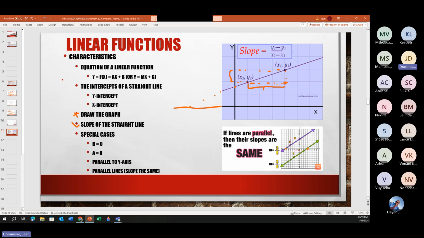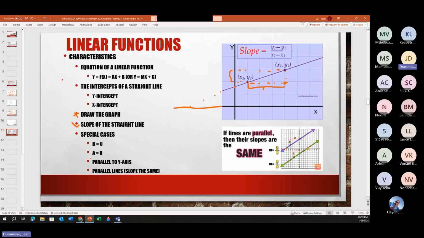We will look at the example, but basically one y point minus the other y point divided by the two x points. If there's not an example, I will create an example for us to look at. And then there are some special cases that we will also look at.